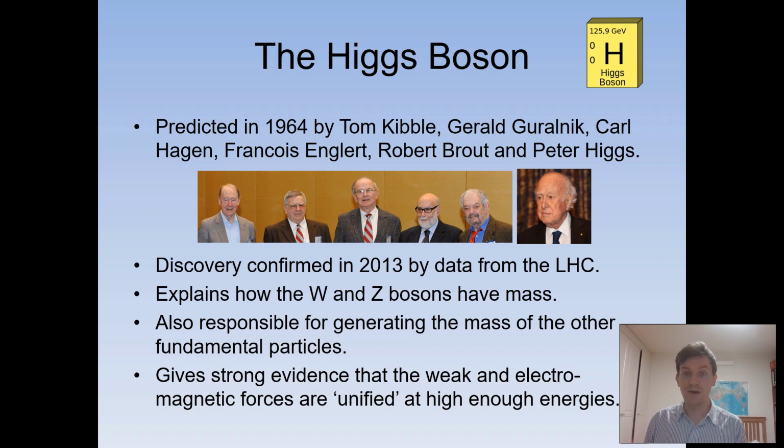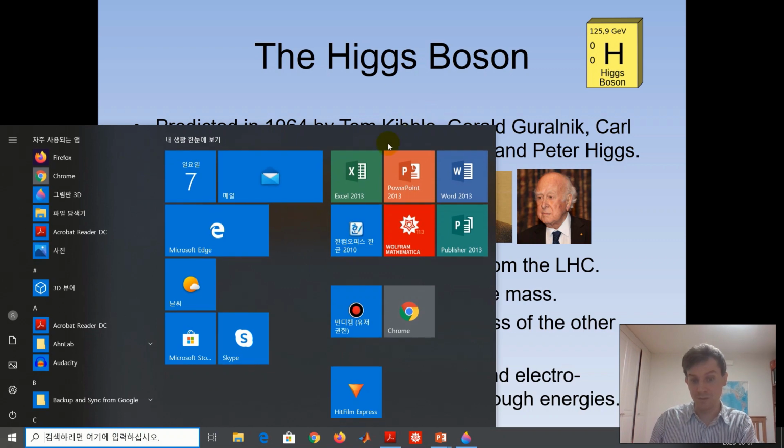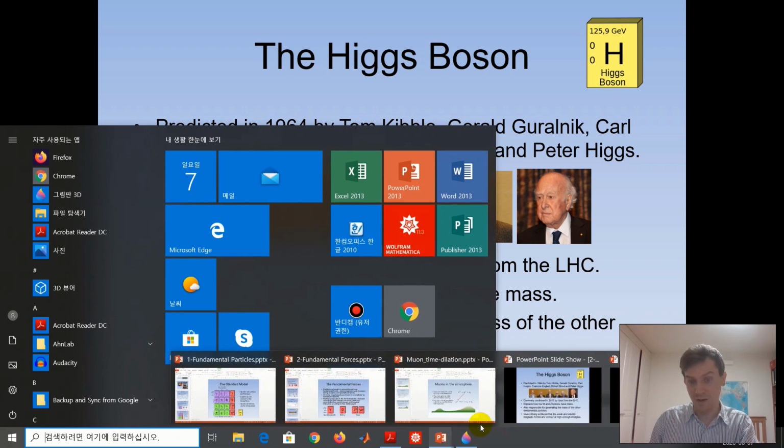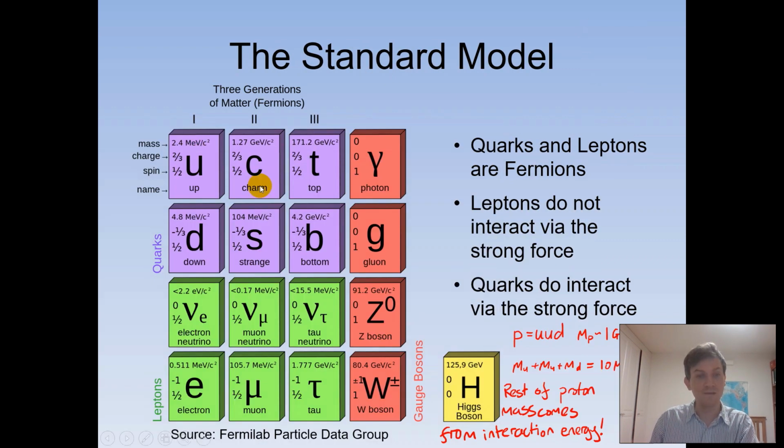And it's now known that the Higgs does not only create the mass of those Z and W bosons, but in fact it also creates the mass of all of the other particles in the Standard Model. So in the modern understanding, all of these particles are massless in a kind of isolated sense.